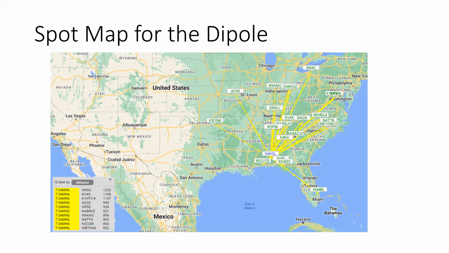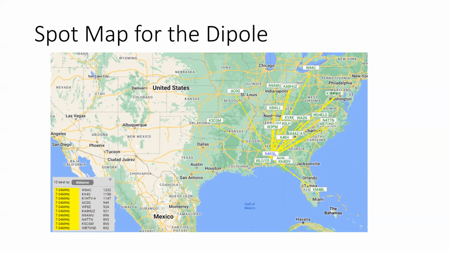This kind of shows that 40 meters is not like 40 meters at nighttime, it's 40 meters in the daytime. But I'm particularly interested in stations close by, which my station in Dothan was one.